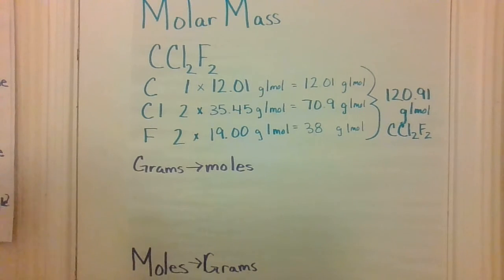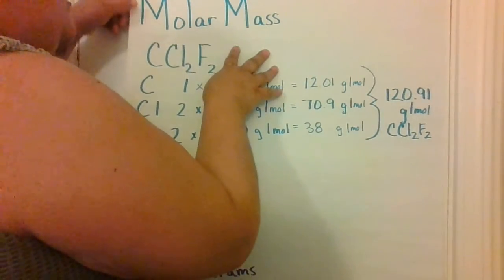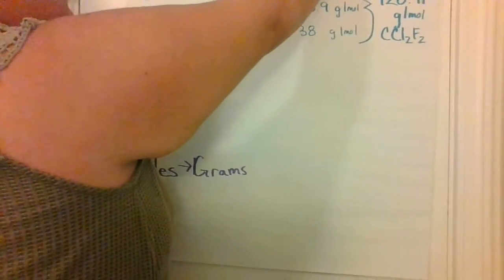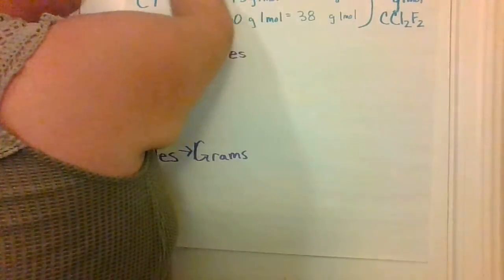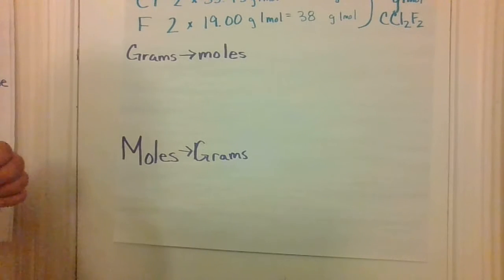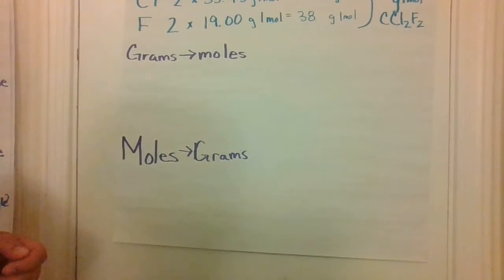Now that we have the molar mass, we're going to step out and solve a problem that is asking us to convert from grams to moles and moles to grams. Our school uses dimensional analysis to solve such problems.